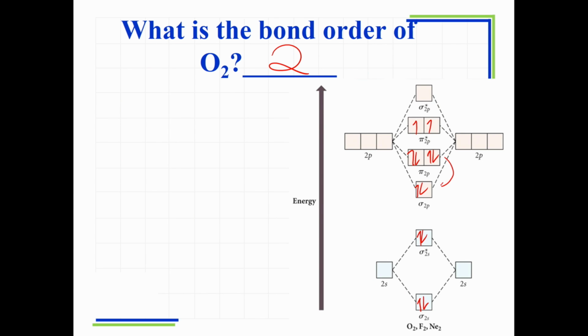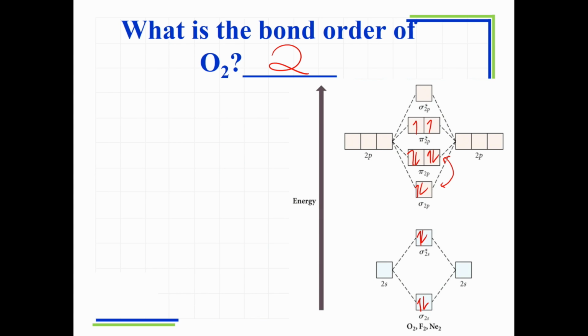Now, if we had incorrectly put these in a different order, if we had incorrectly put these 4 below and these 2 up, would it change our bond order? No, we would still have 2 electrons in the sigma 2p, and we would still have 4 electrons in the pi 2p, so that would not affect the answer to this question. Okay, so we can still do the 2, 1, 2, 1 and answer the question correctly.